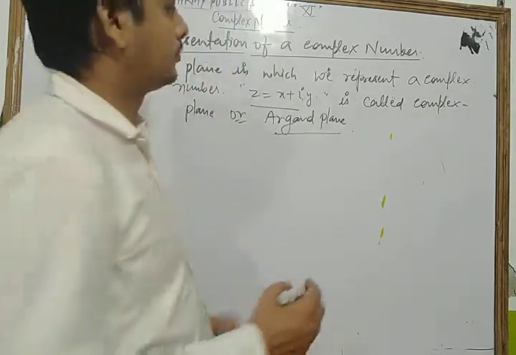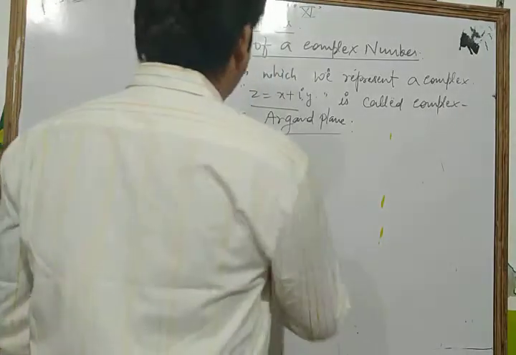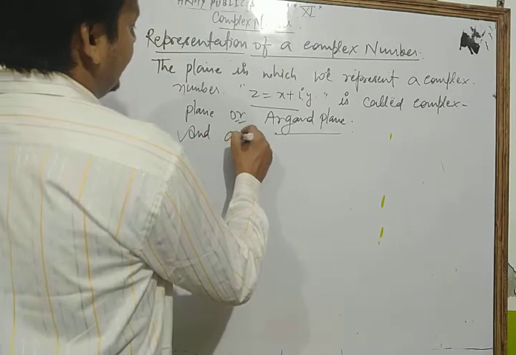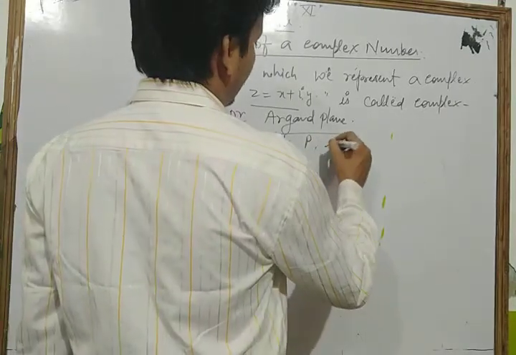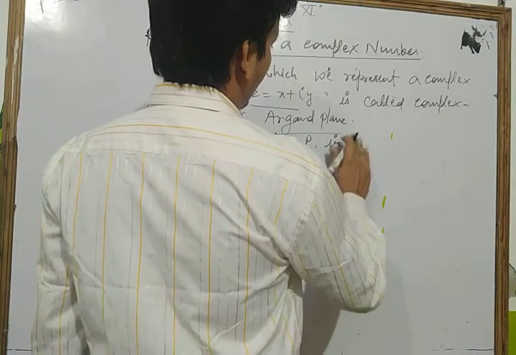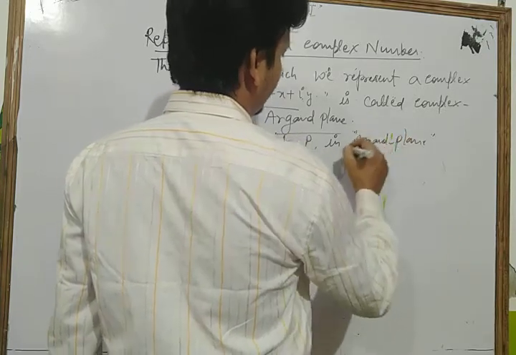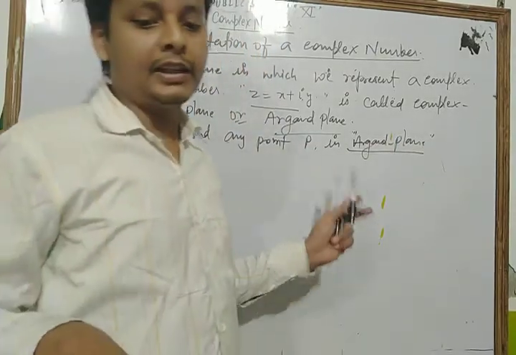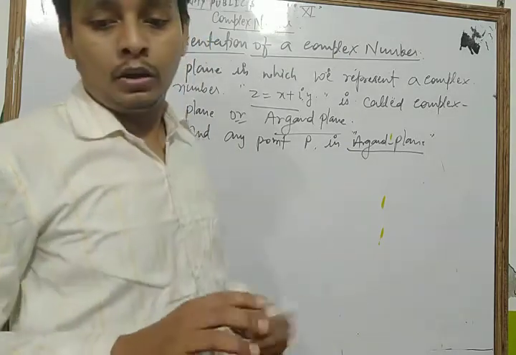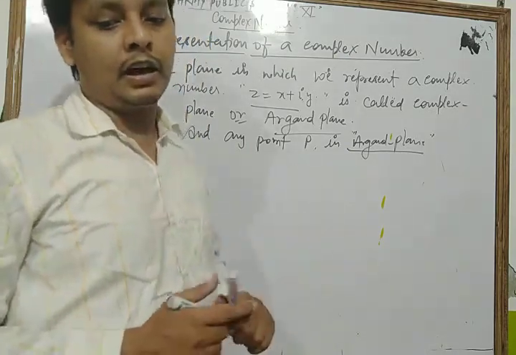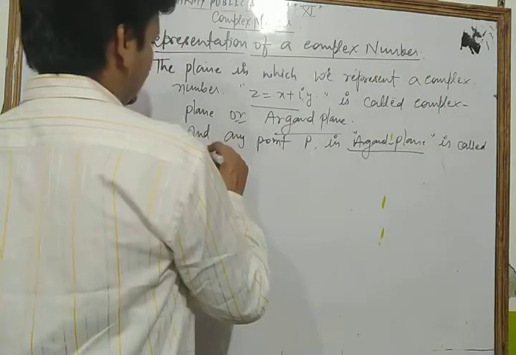Any point P plotted on the Argand plane is called the Argand diagram.